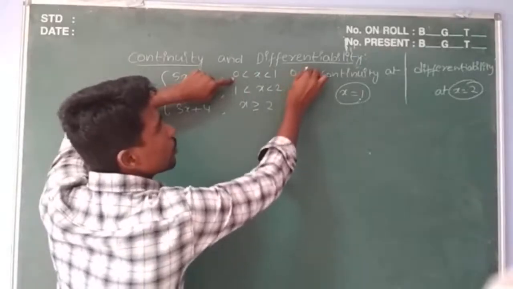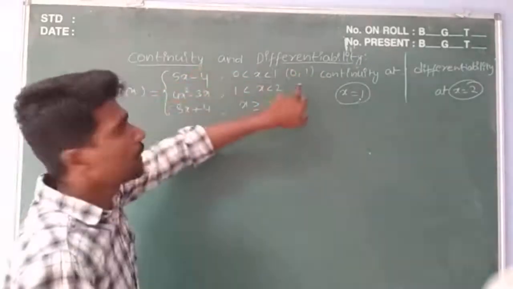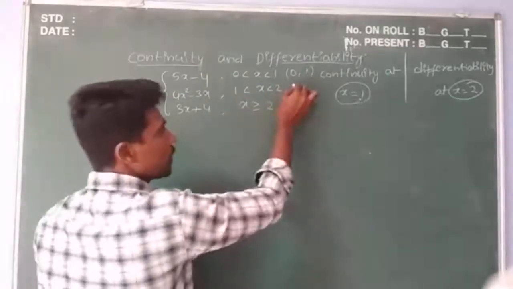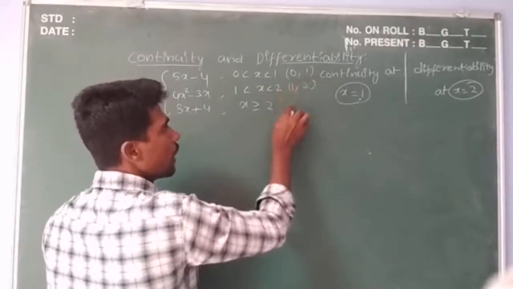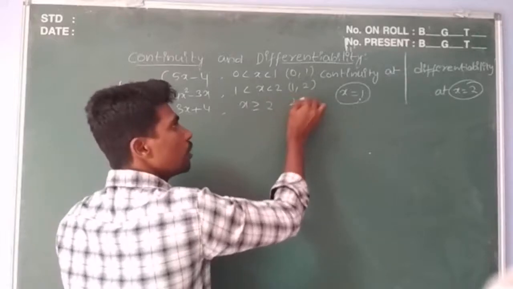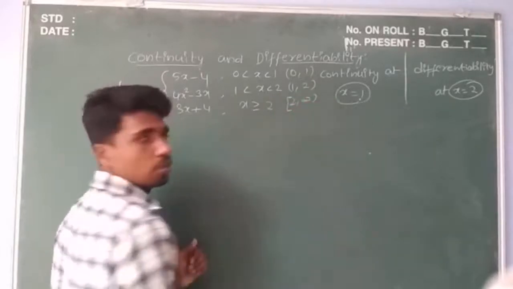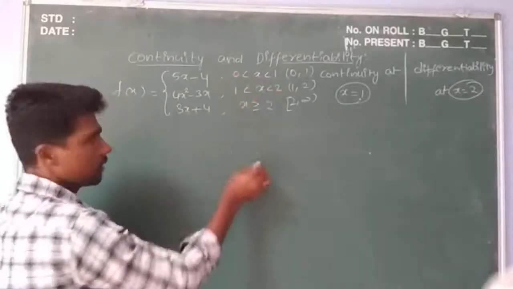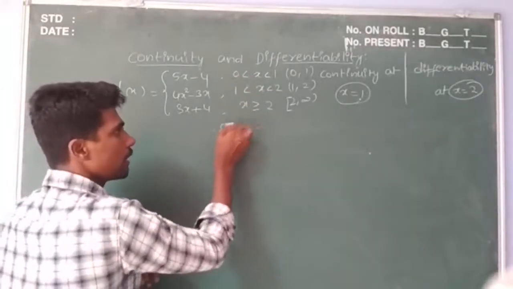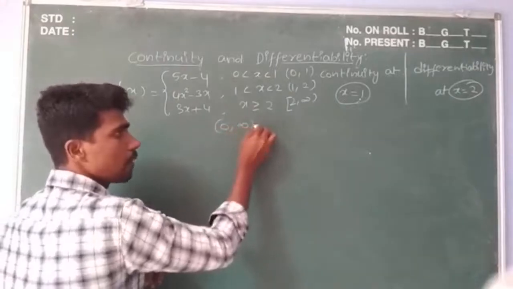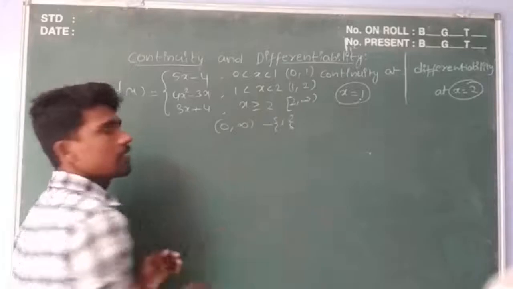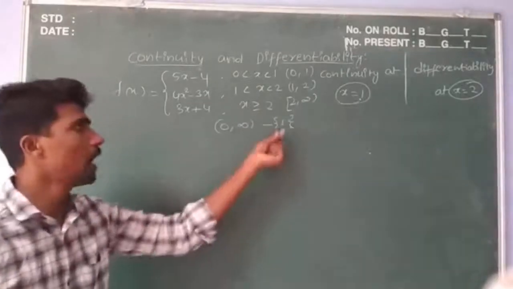So you can take it as in between 0 and 1, where 0 and 1 are excluded, and here between 1 and 2, and here from 2 to infinity. So this function is defined in 0 to infinity, 0 open. So the given function is not defined at 1.